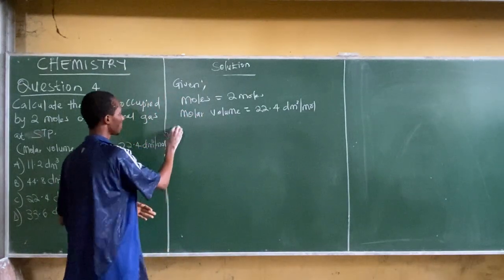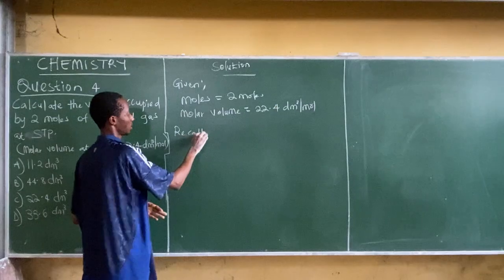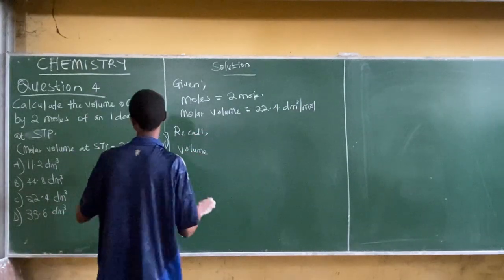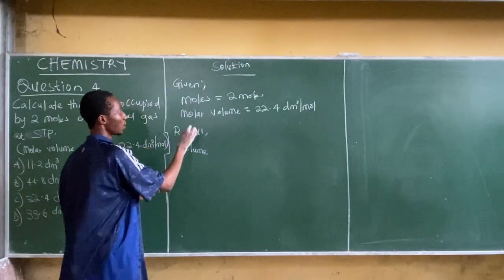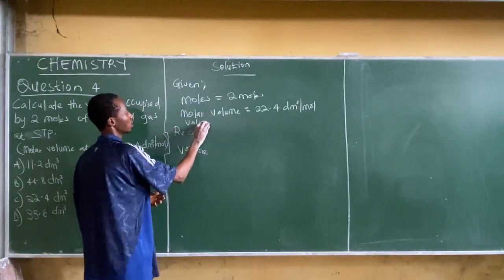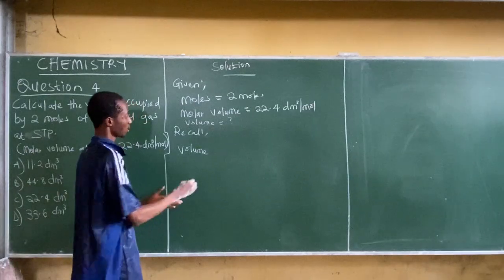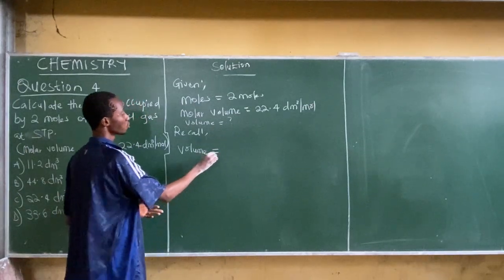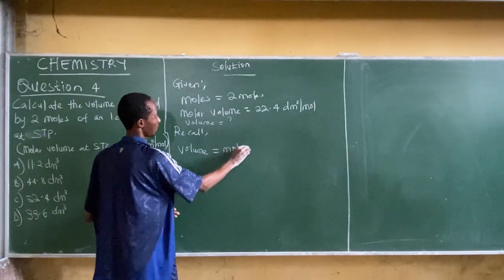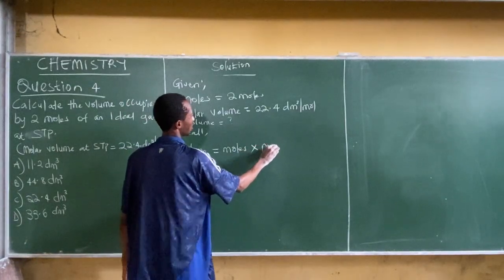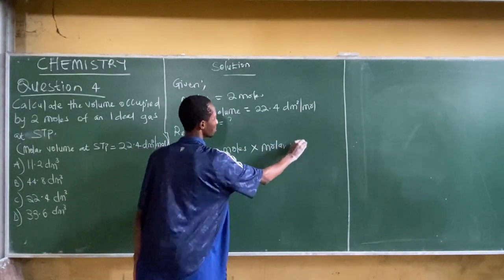Now recall that the volume, they said we should calculate the volume because it's unknown. So we have volume here is unknown. Recall that volume is equal to moles times the molar volume.